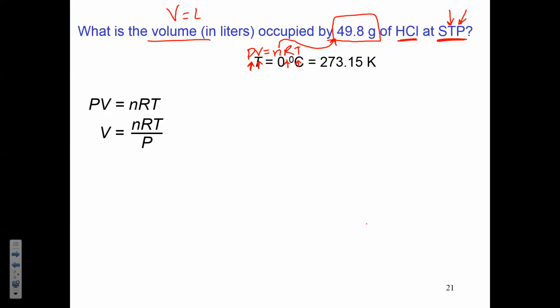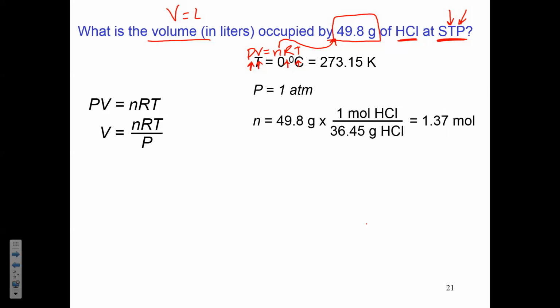Temperature, we know, is 273.15 Kelvin or 0 degrees Celsius, which is standard temperature. My pressure was standard as well, so it's 1 ATM. Here's where I solve out my box equation.